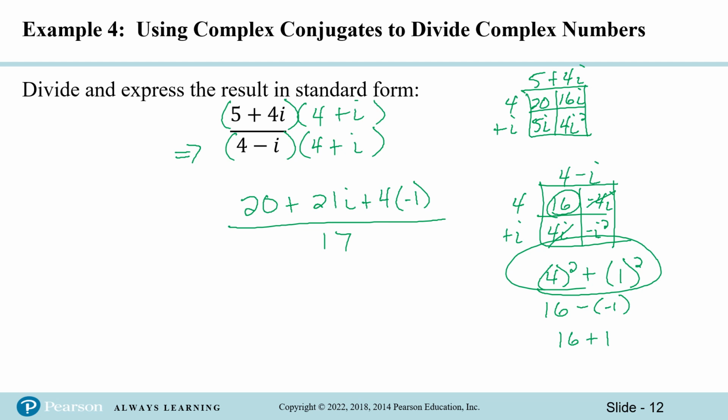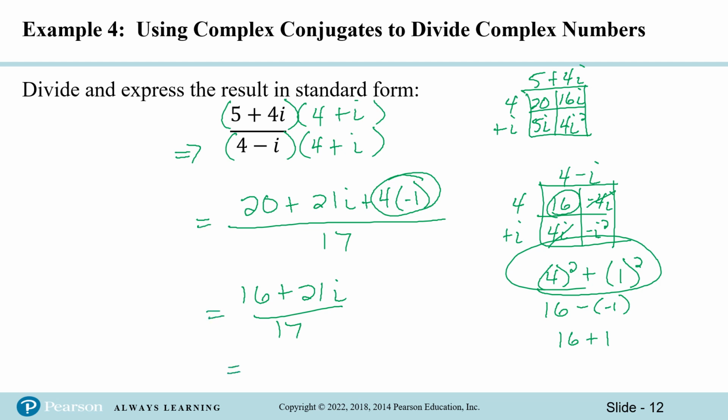And we are going to combine like terms. So this gives me -4. So I have 16 plus 21i over 17. This is never how we write the answer.